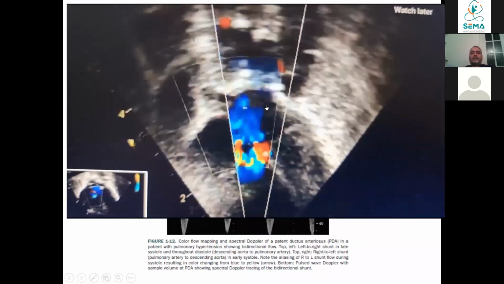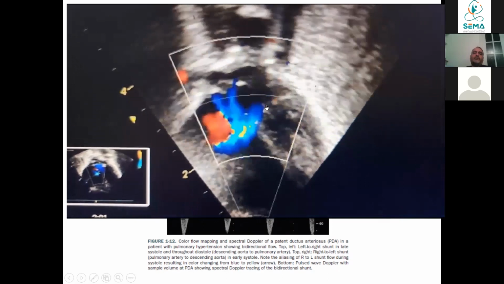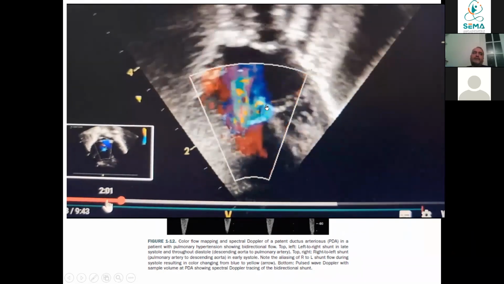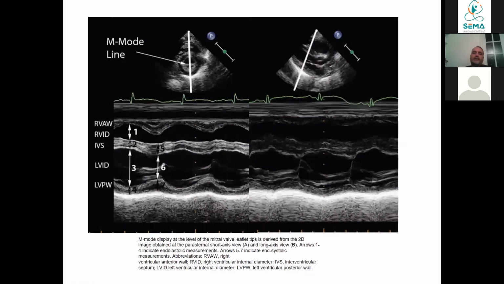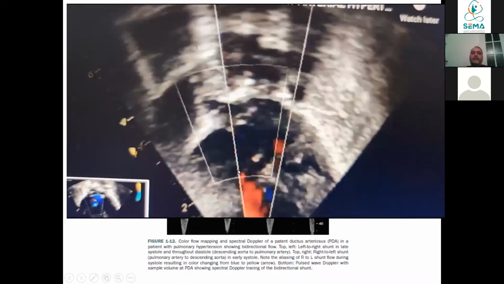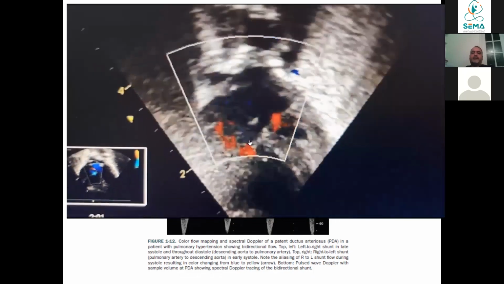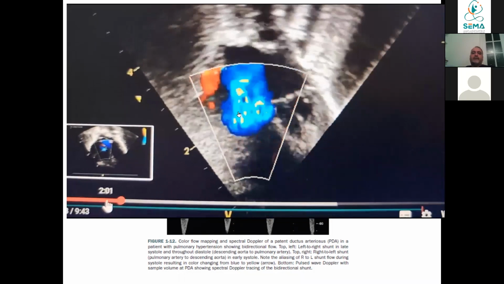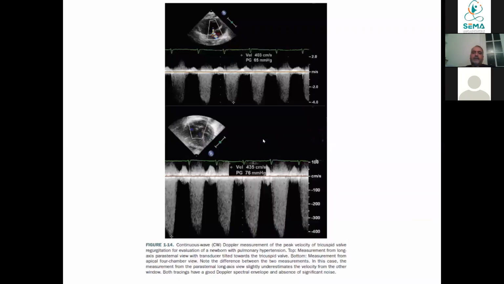This is an important view, because if you want to know if there is pulmonary hypertension, of course you will not put the cursor in the pulmonary artery and calculate. No, you will look at the tricuspid valve and see if there is tricuspid regurgitation, like here's a jet which is coming, and then you put the cursor in the jet.